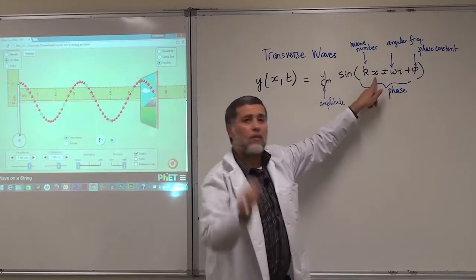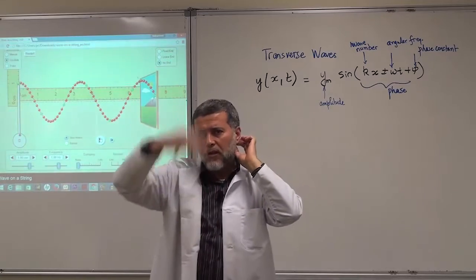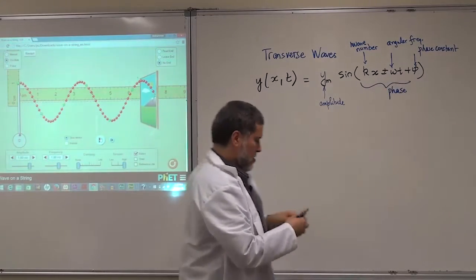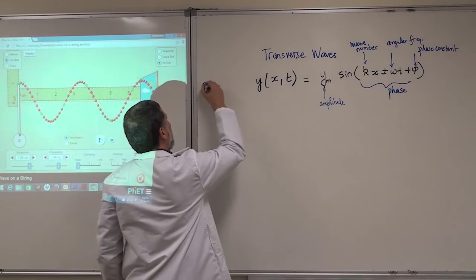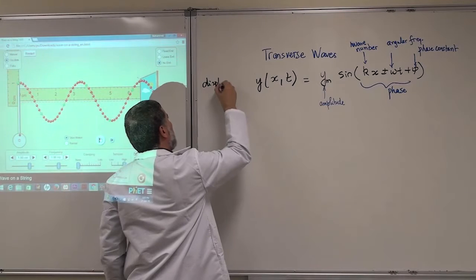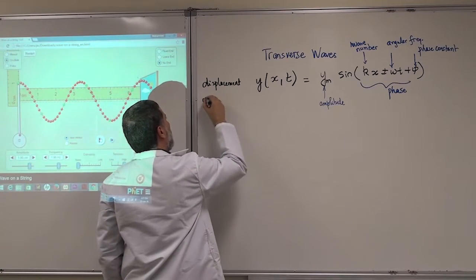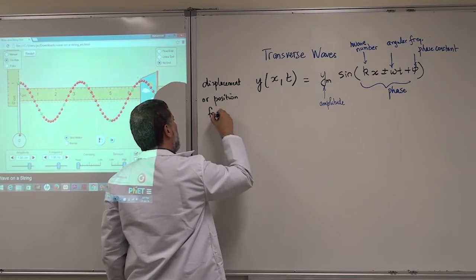So x defines the particle. t is the time as the particle is moving up and down. The time will be varying. So this is called the displacement, or position, from the origin.